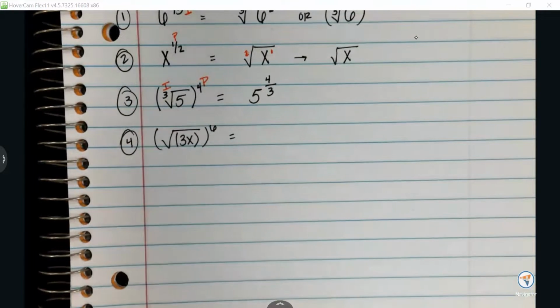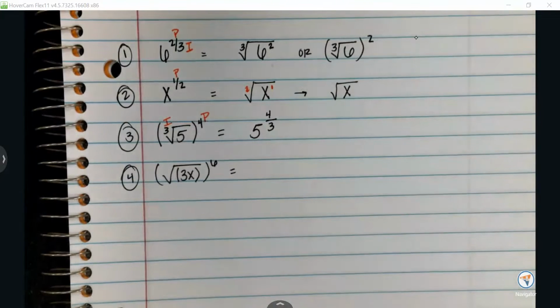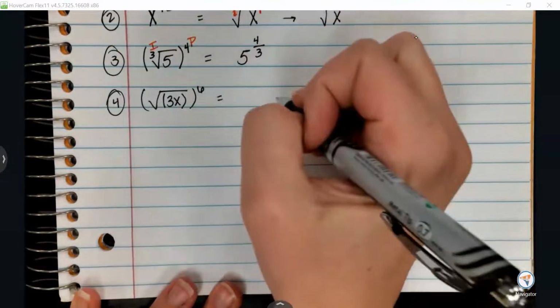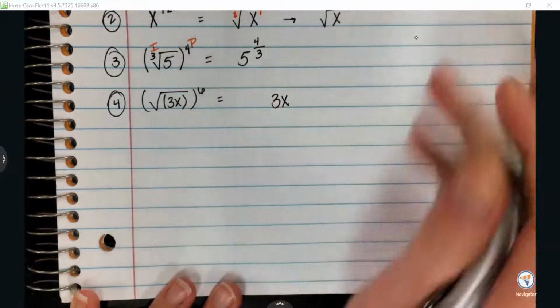What is my big thing? What is the base going to be? 3x. How do you tell me 3x is a base? How do you tell me they are both part of the base? They're together. How do you group something together in math? So this has to be in parentheses.